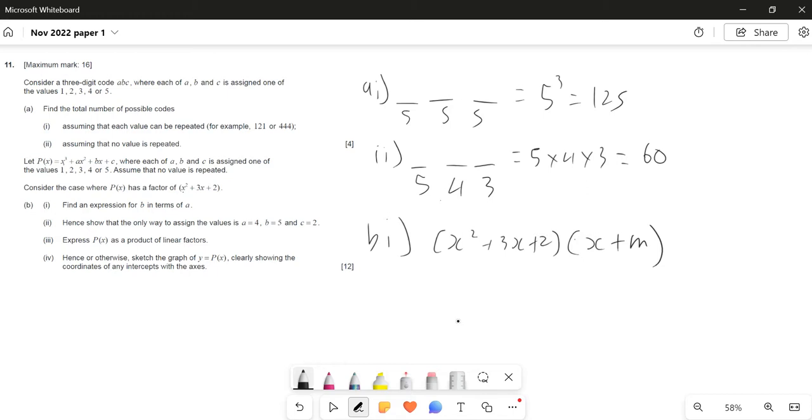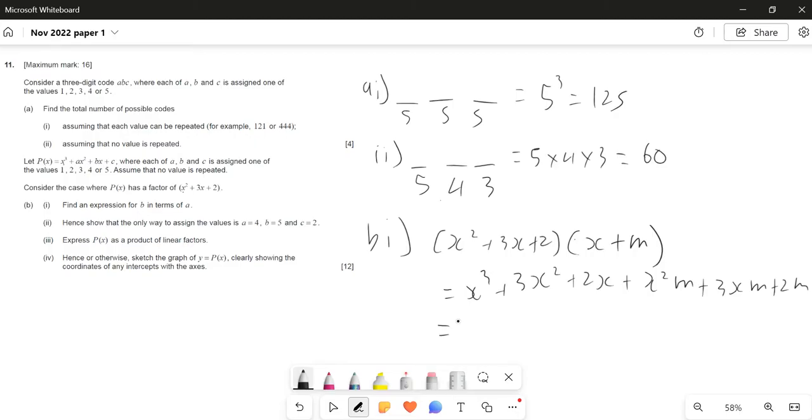So we just expand this. It'll become x cubed plus 3x squared plus 2x plus x squared m plus 3xm plus 2m.